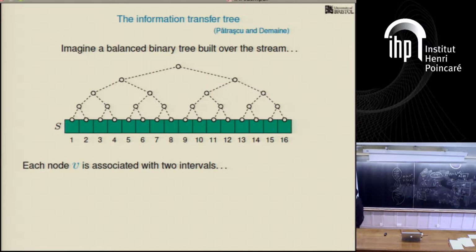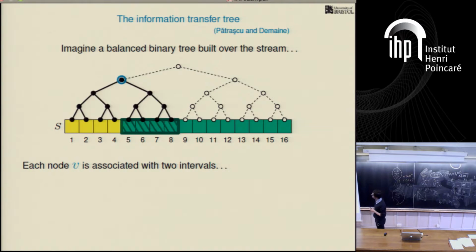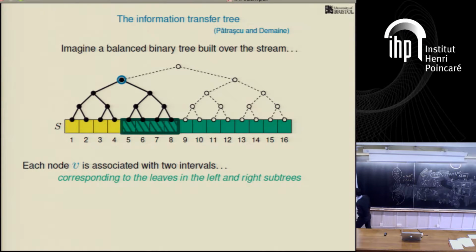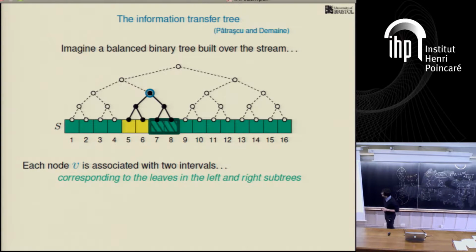So we're going to associate each node with 2 intervals. So here's some node. The intervals that it's associated with are the leaves in the left and right subtrees of this node. So this is the left interval, this is the right interval. You just take down the side, everything down the left-hand side is in the left interval, everything down the right-hand side is in the right interval.